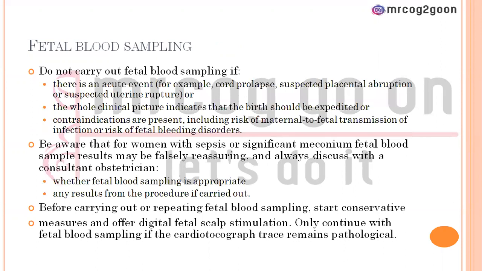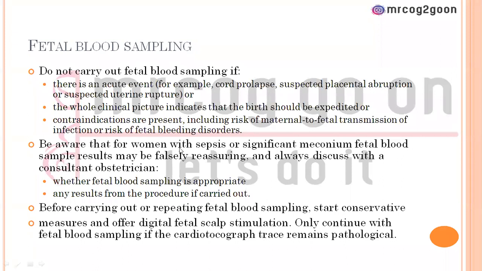Fetal blood sampling, we cannot carry it out if there is an acute event like cord prolapse, suspected placental abruption, suspected uterine rupture. You will waste your time. Time here is precious. The whole clinical picture indicates that the birth should be expedited, or contraindications are present like maternal to fetal transmission of infection, risk of fetal bleeding disorder.